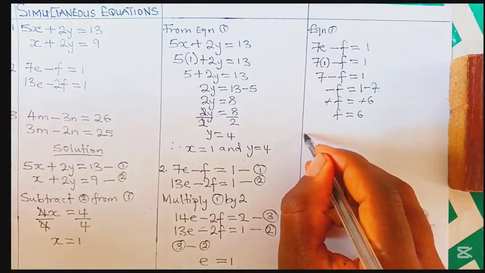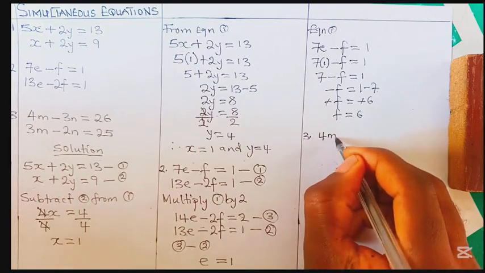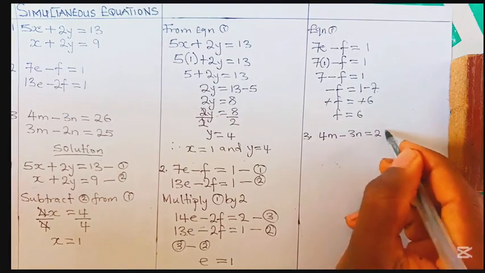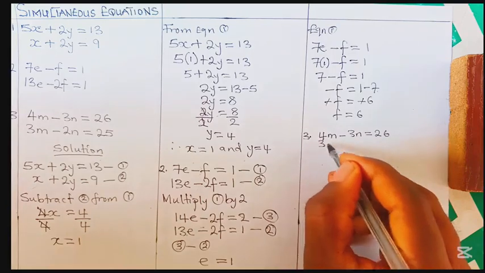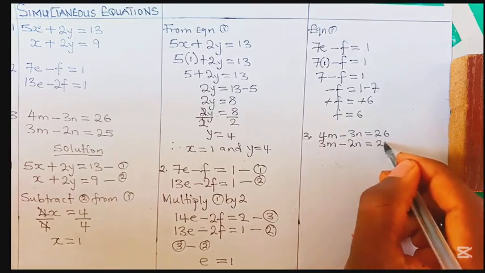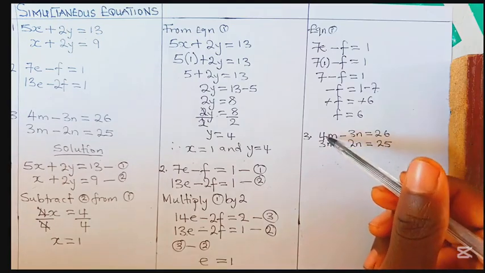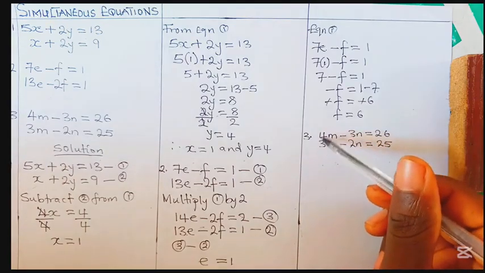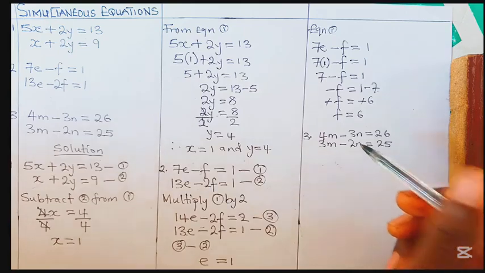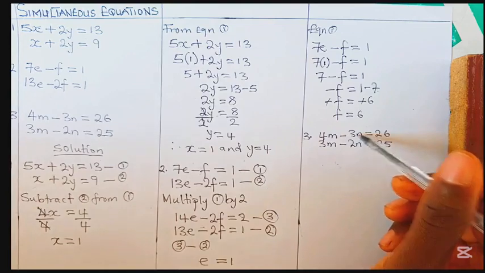In number 3, we have 4m minus 3n is equal to 26, and 3m minus 2n is equal to 25. Here we don't have the same coefficients, so we still have to multiply. So should we eliminate m, or should we eliminate n first?